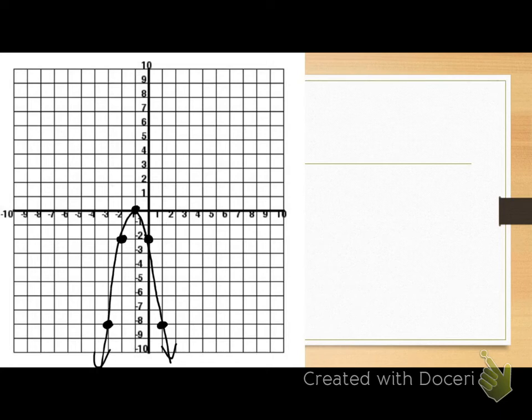What is the solution to my equation, in general? It's where it crosses the x-axis, the x-intercepts. How many times does it cross the x-axis here? Once. So I only have one solution here. Where is it crossing? Negative 1.